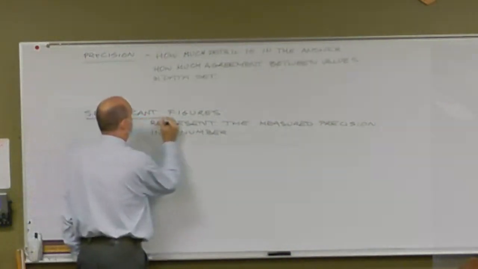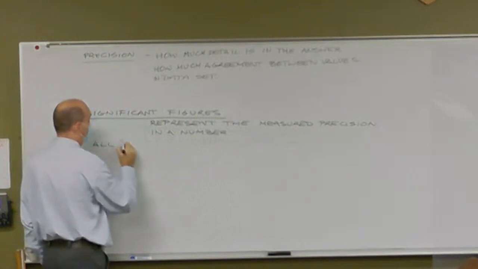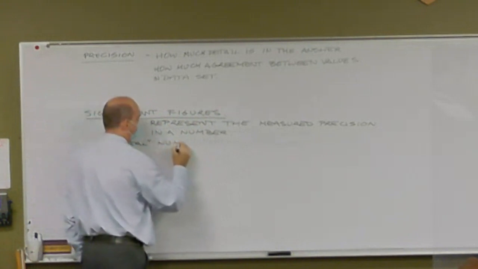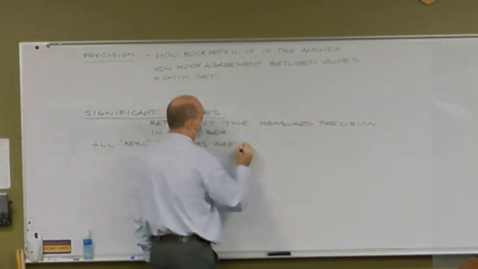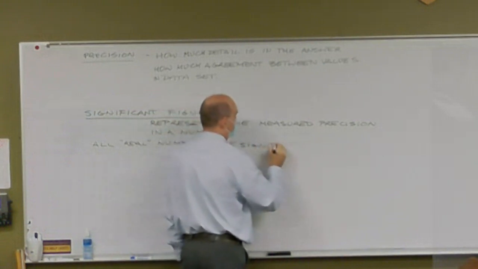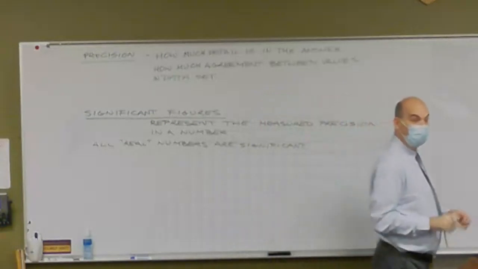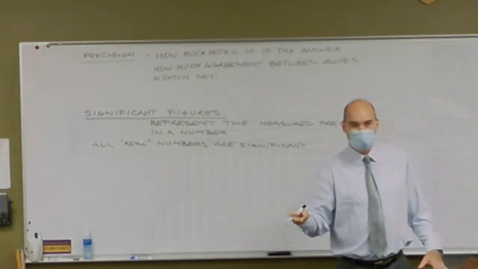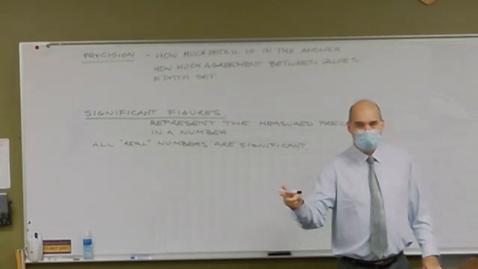When it comes to significant figures, all, I'm going to call them real, all real numbers, that's a 1, a 2, a 3, a 4, a 5, a 6, a 7, an 8, and a 9, they all count.